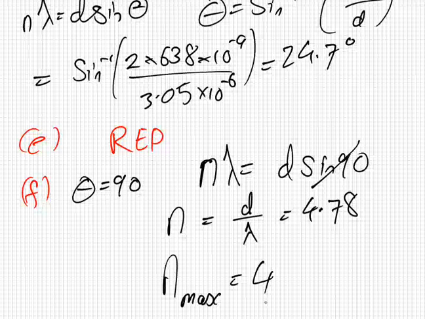So the space between them would be 3.05 micrometers, 10 to the minus 6, because milli is 10 to the minus 3. So that's how much space is between each slit.